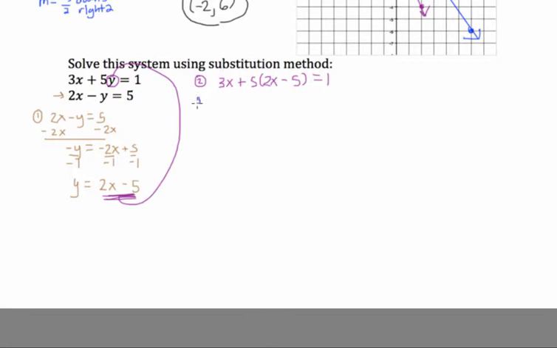Step 3, just solve that equation. Use our algebra to solve. So distribute. Add like terms.